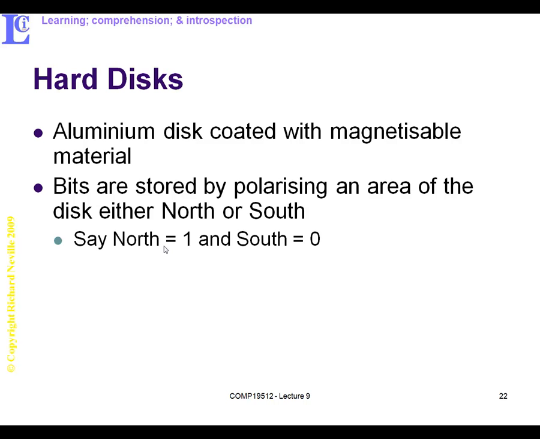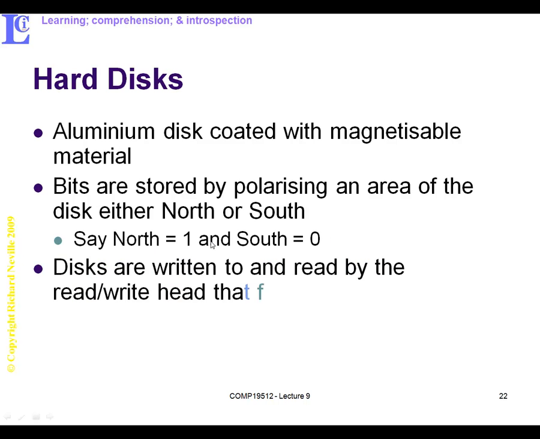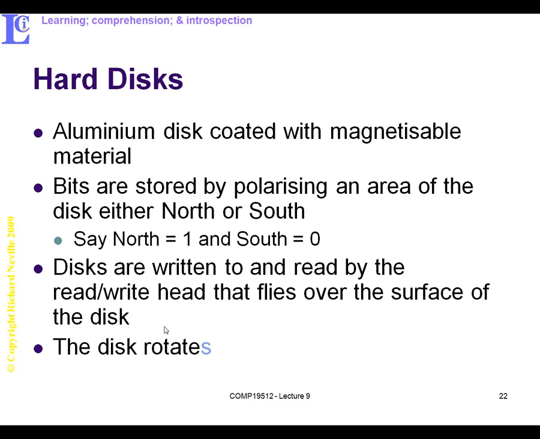A 1 points that tiny bit of information, a magnetic domain, in one direction, north, and the other direction, south, is a 0. So data is stored on disk, and it's either written or read, and a head flies over the surface to write and read the data from the magnetic storage material.